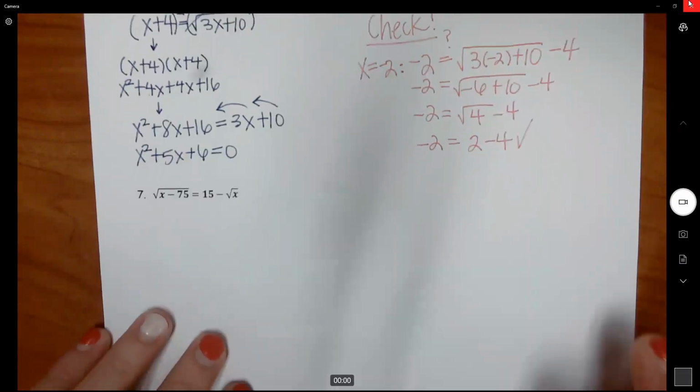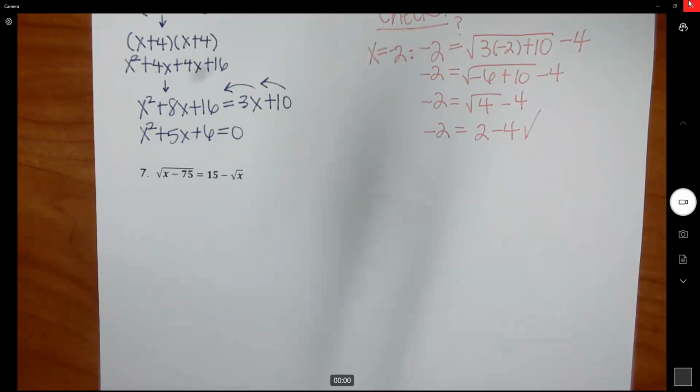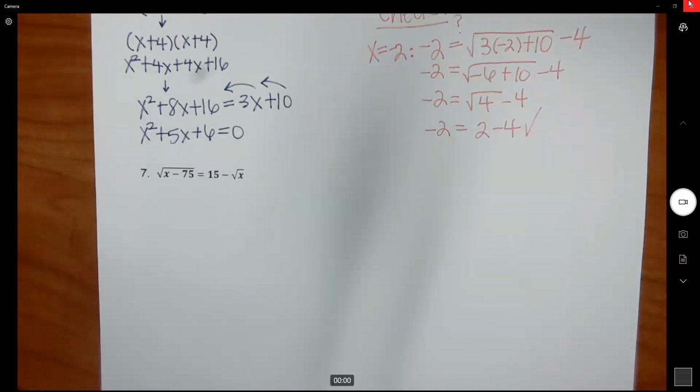And then our last one. This is where these steps actually come back into play, some that we haven't used. So let me get our steps right here real quick.